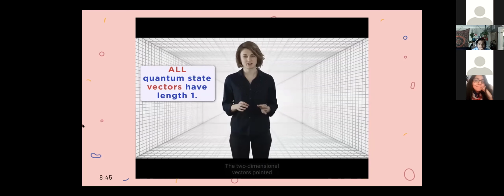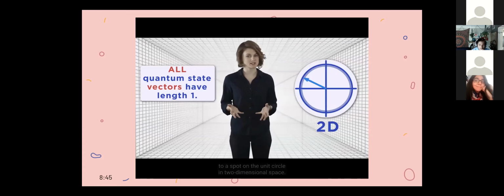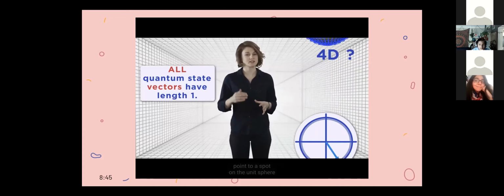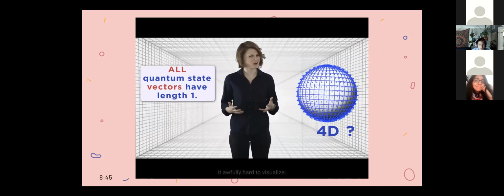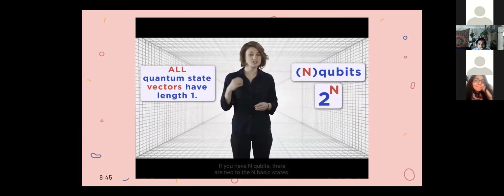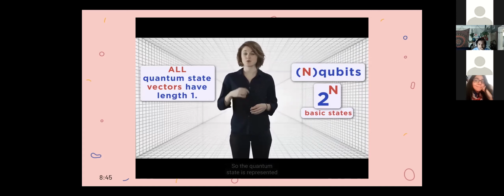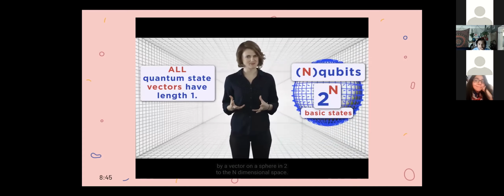The 2-dimensional vectors pointed to a spot on the unit circle in 2-dimensional space, and these 4-dimensional vectors point to a spot on the unit sphere in 4-dimensional space, which makes it awfully hard to visualize. If you have n qubits, there are 2 to the n basic states. So the quantum state is represented by a vector on a sphere in 2 to the n dimensional space.